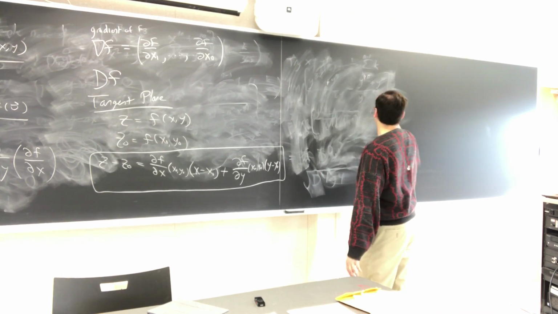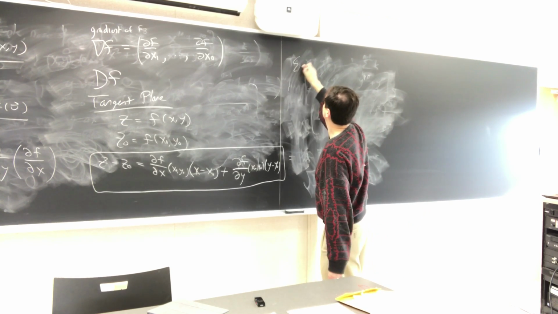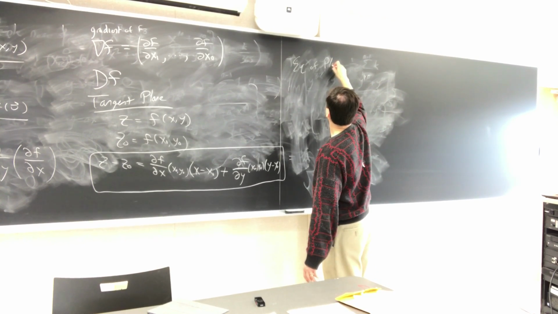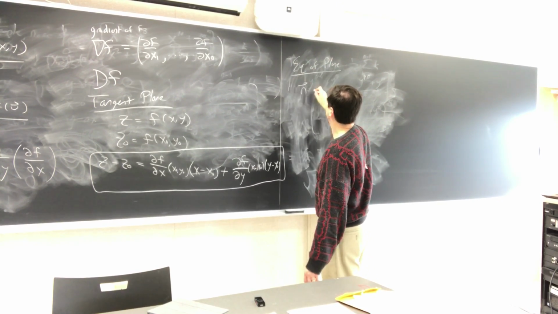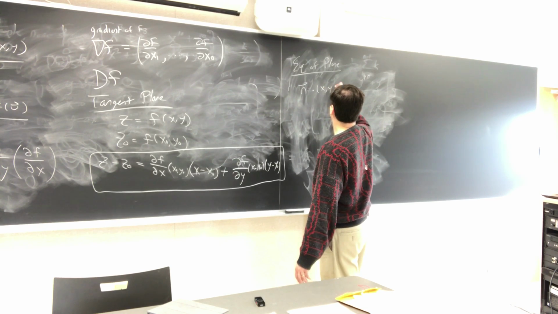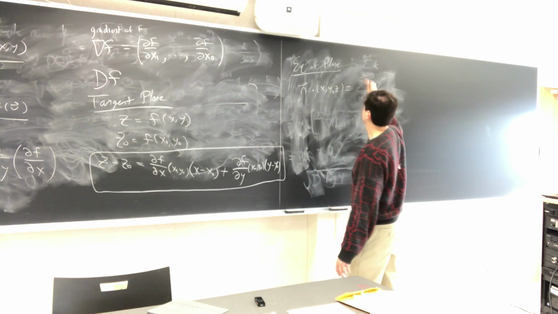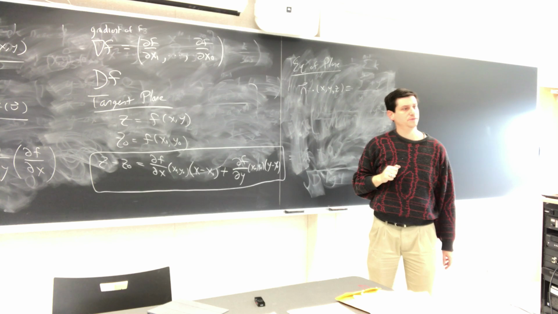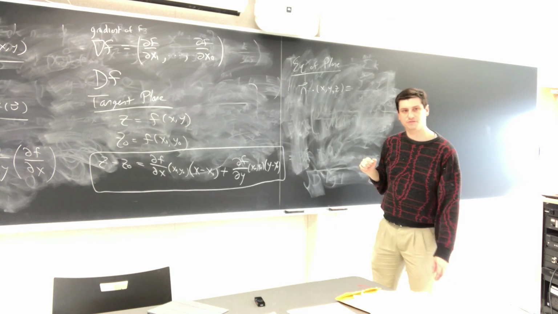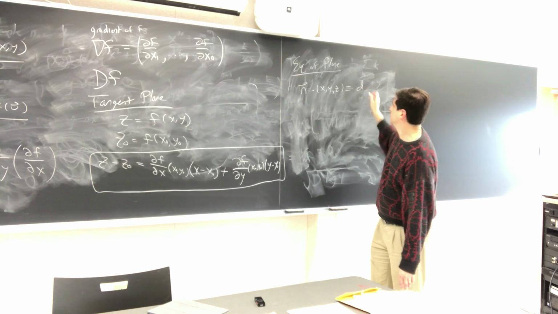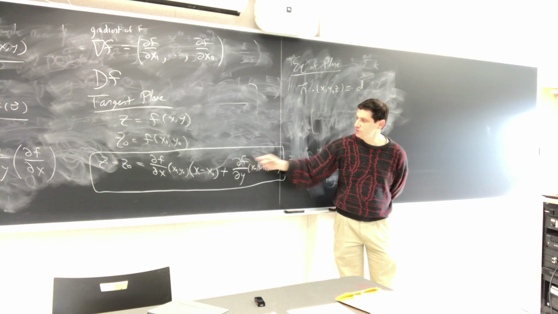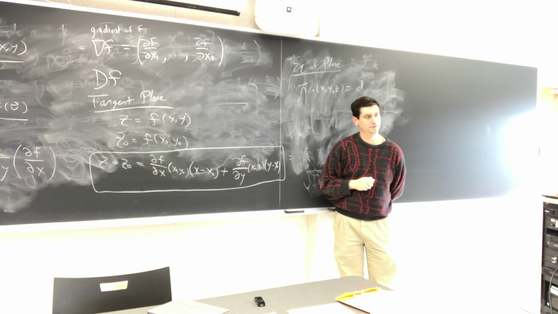So we're used to the equation of a plane. Normal dotted with x, y, z equals something fixed, right? And so you can see what the normal vector is going to be here.